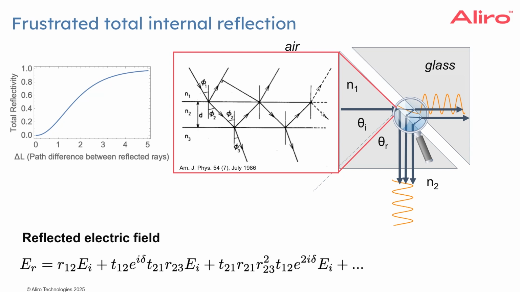If you sum that, you get the total reflectivity, and you can plot that with the increasing gap size between the two panes of glass. And you can see that when these two panes of glass are completely squished together with no gap, we will have zero reflection. Everything just transmits through. But as you slowly start to pull this second pane of glass further away from the first pane of glass, you'll get more and more reflectivity until it approaches 1.